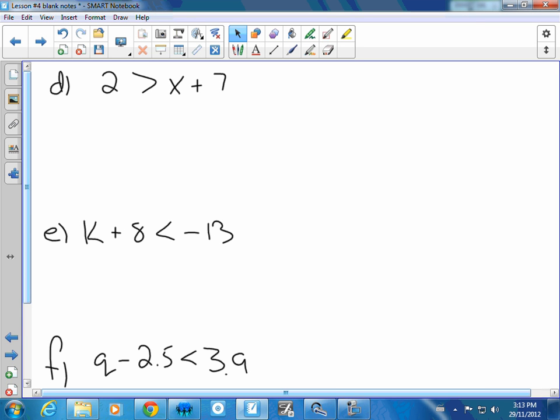Then we're going to try the word problems on the last page. Fifteen seconds.